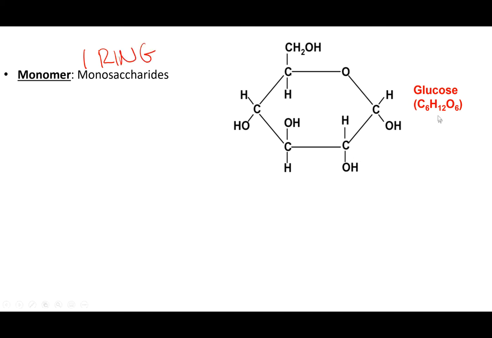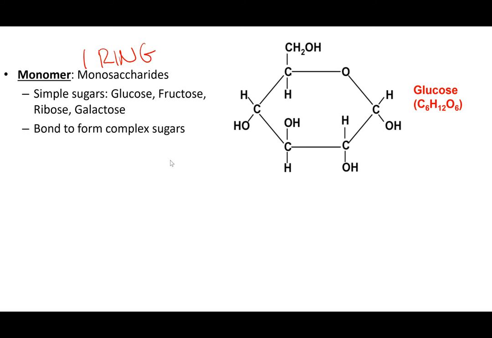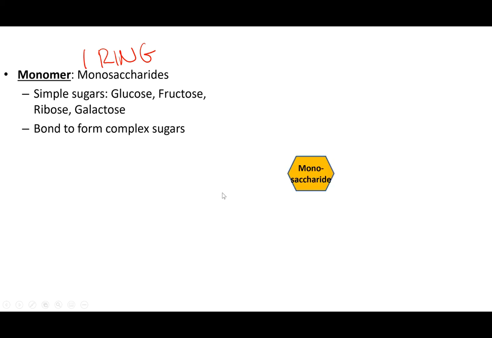You know it's glucose because it's got that 1 to 2 to 1 ratio, and it's got 6 sides. And these are simple sugars: glucose, fructose, ribose, galactose. We just talked about that. These guys bond together to form more complex sugars. So there's our one monosaccharide.